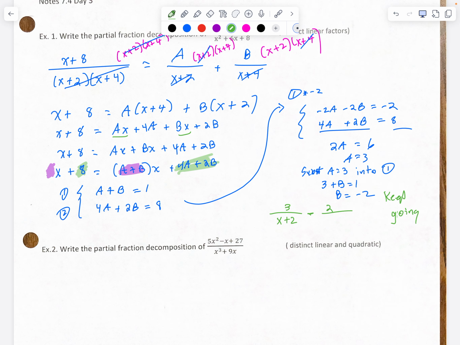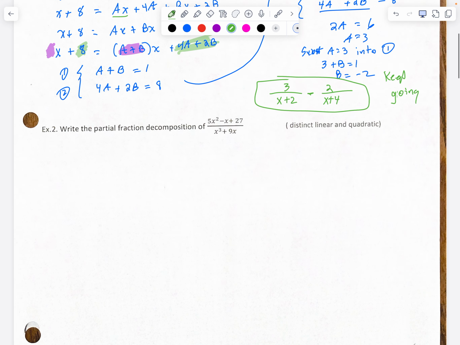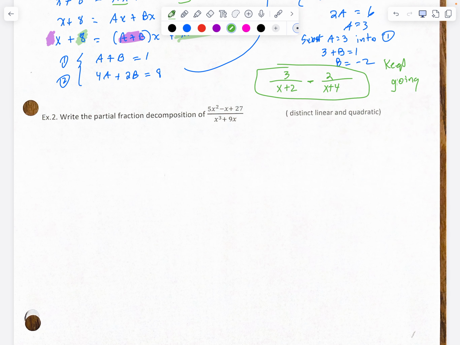Expand, collect like terms. And then we are going to collect like terms, and I'm okay if you pull out that x squared right away.